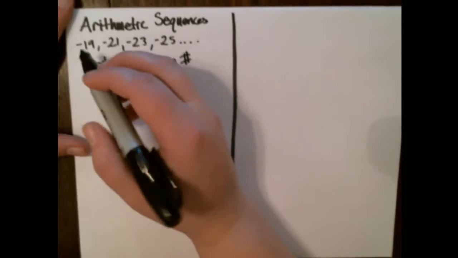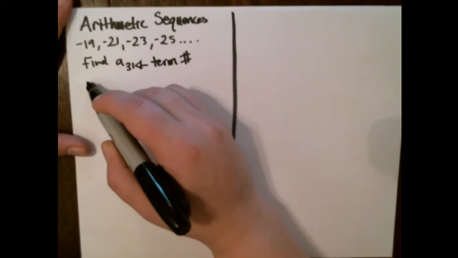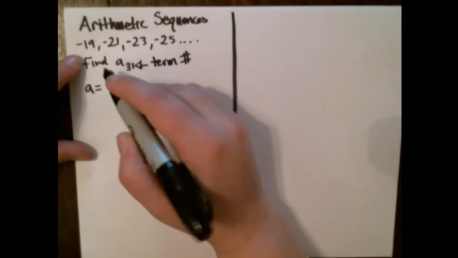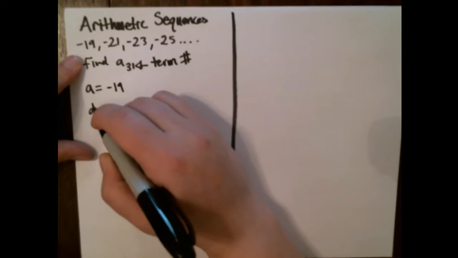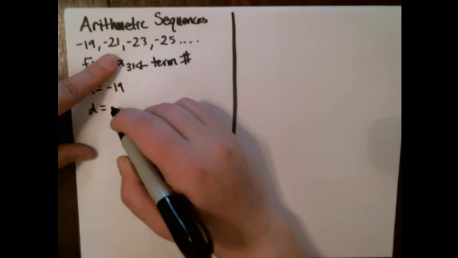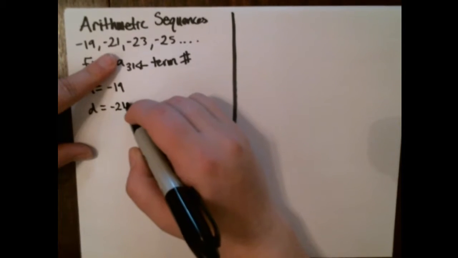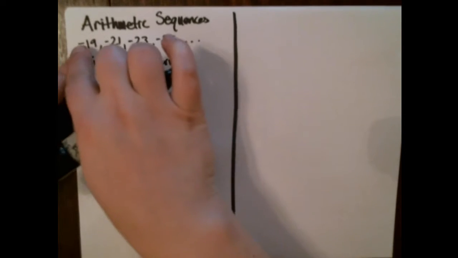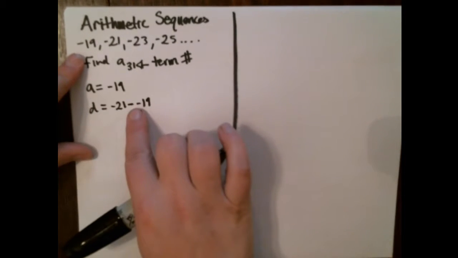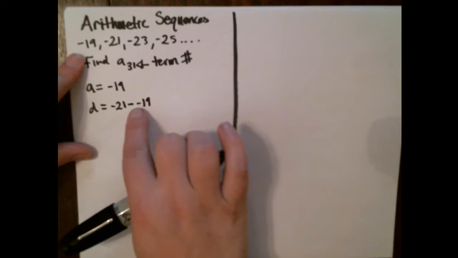We're just going to find our formula like yesterday. My A equals my first term. My common difference is my second term minus my first term. Notice that since that's a negative 19, it gets a negative right there, double negatives.